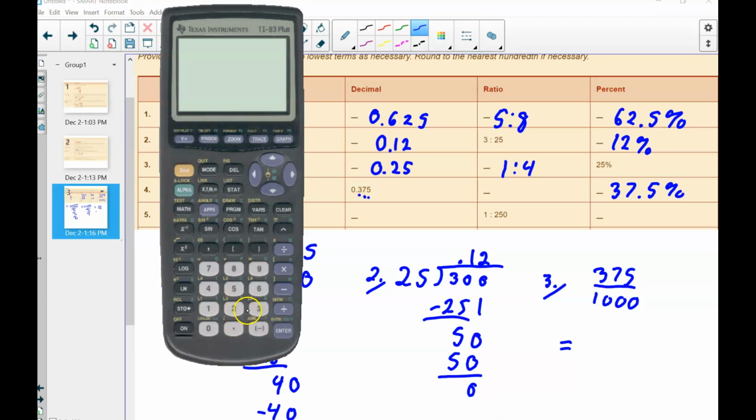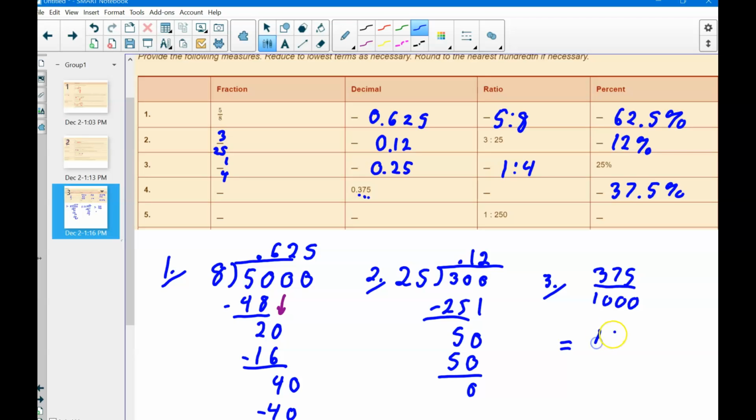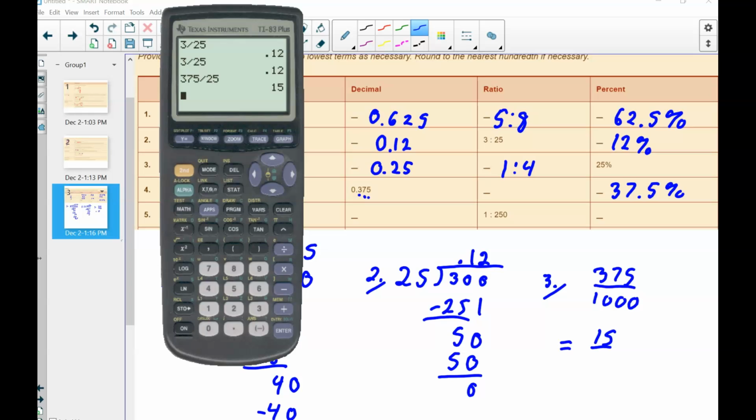Let's try 25. So 25 from the top is 15. And 25 from the bottom.